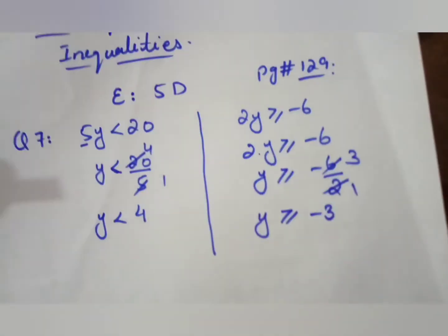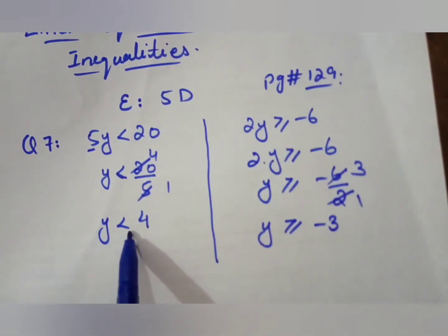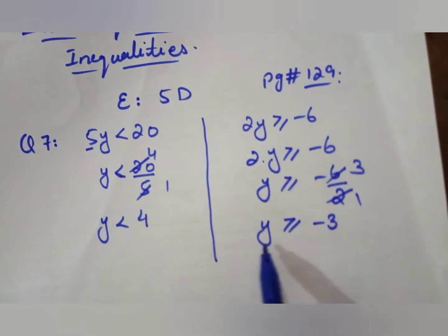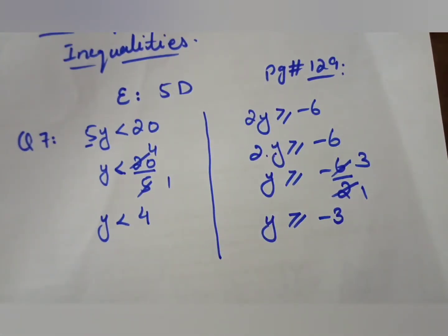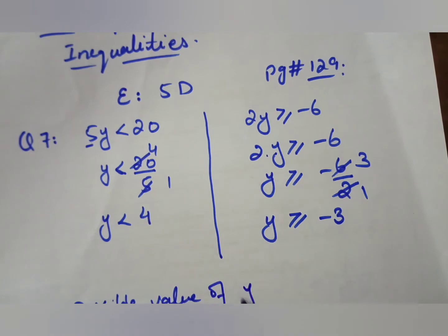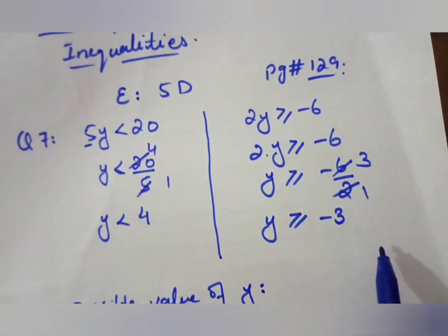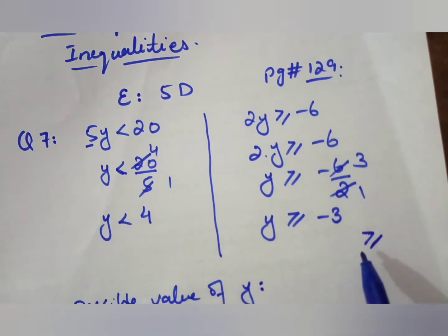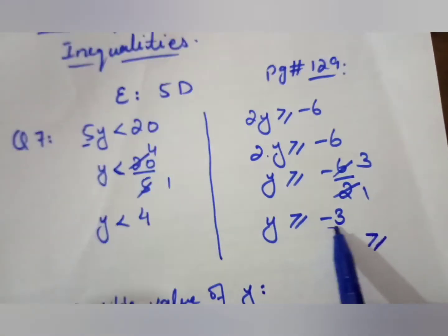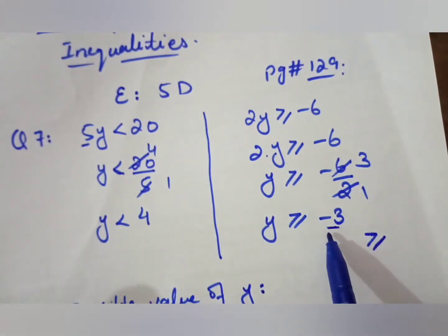Now read this: y < 4 and y ≥ -3. What does this mean? What will be the possible values of y? Whenever there is the slash under the greater than sign, it means the term written next to it is also included.